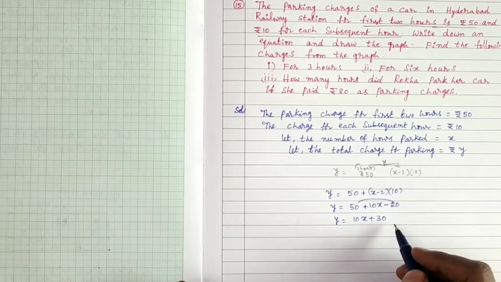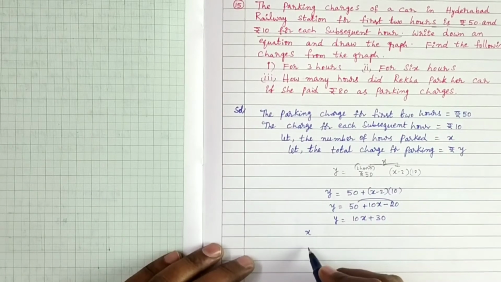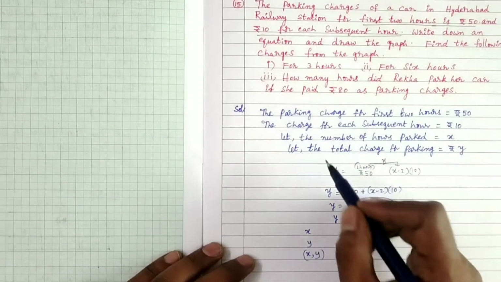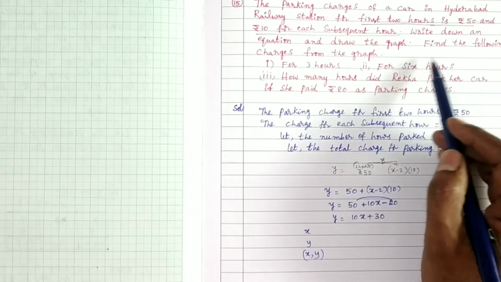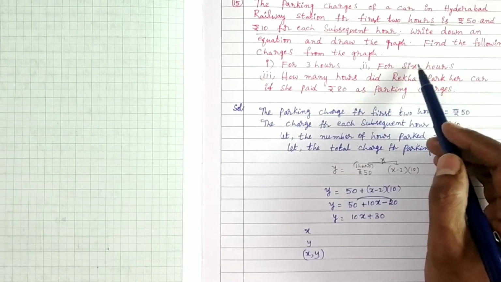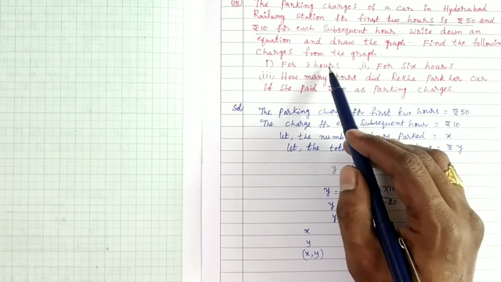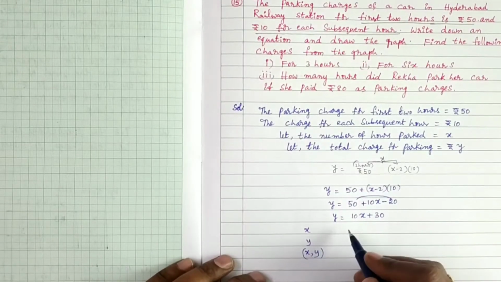So for these values, you take some points x comma y. Already in this question, we have to find 3 hours and 6 hours. So don't take these values. It is better to take other values out of 3, 6. So I preferred 4 hours.